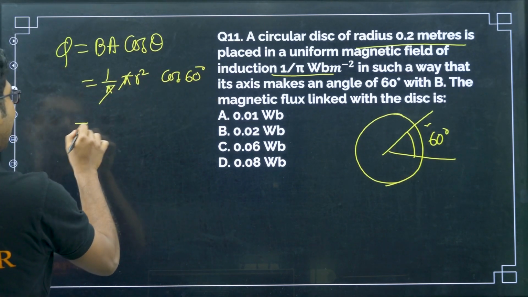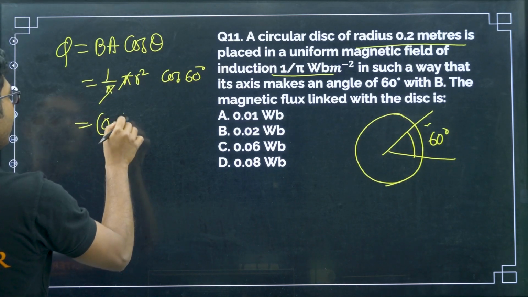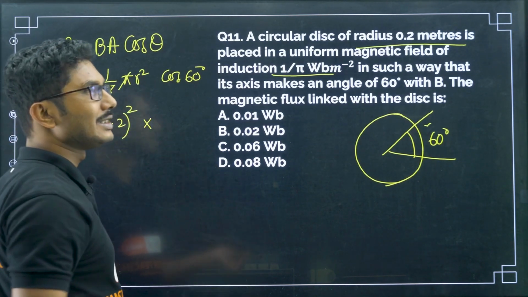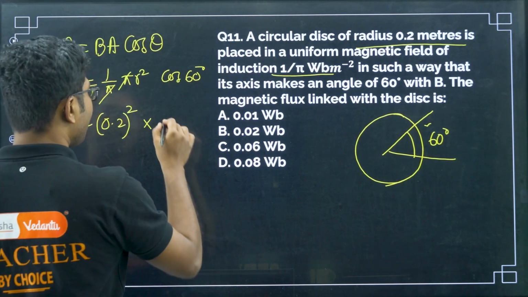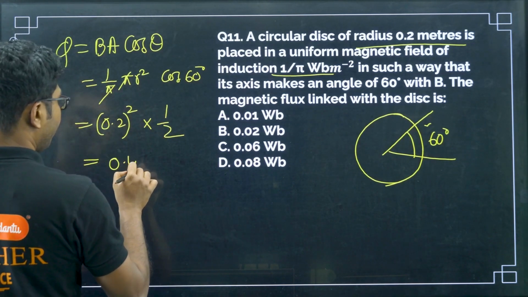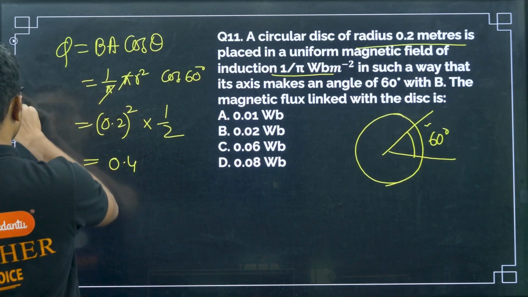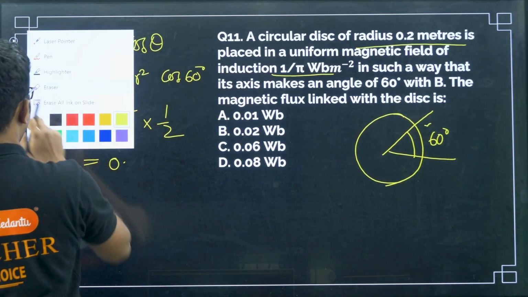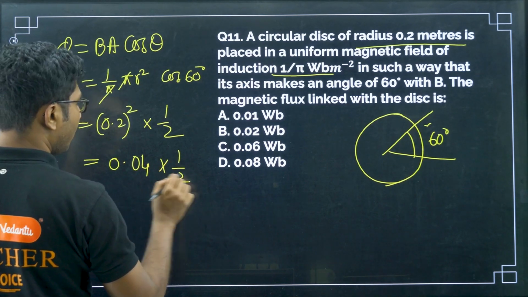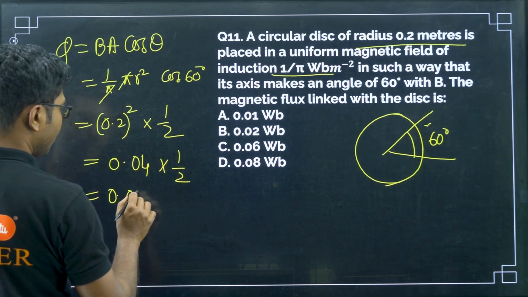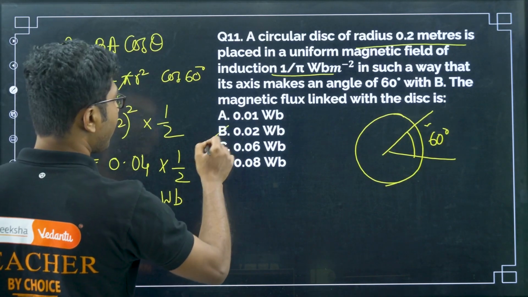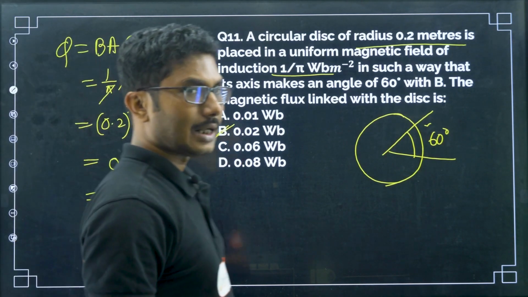Pi pi cancels, r is 0.2 whole square, cos 60 is sin 30, so it will be half. 0.04 into half, or 0.02 Weber. So, 0.02 Weber is the correct answer.